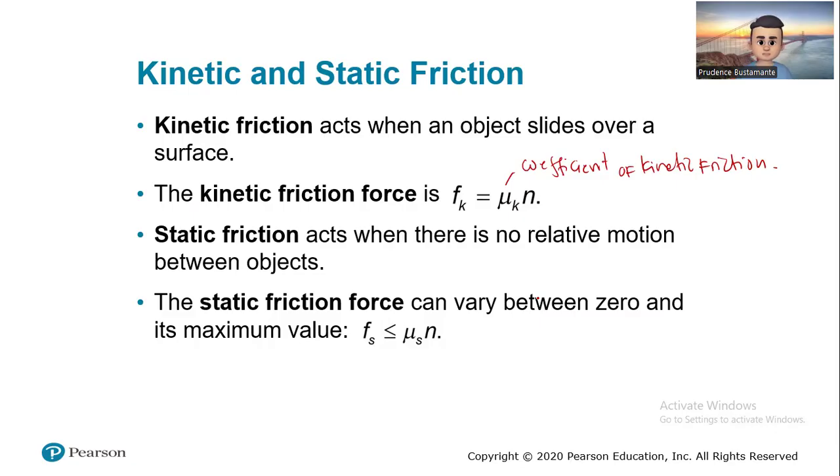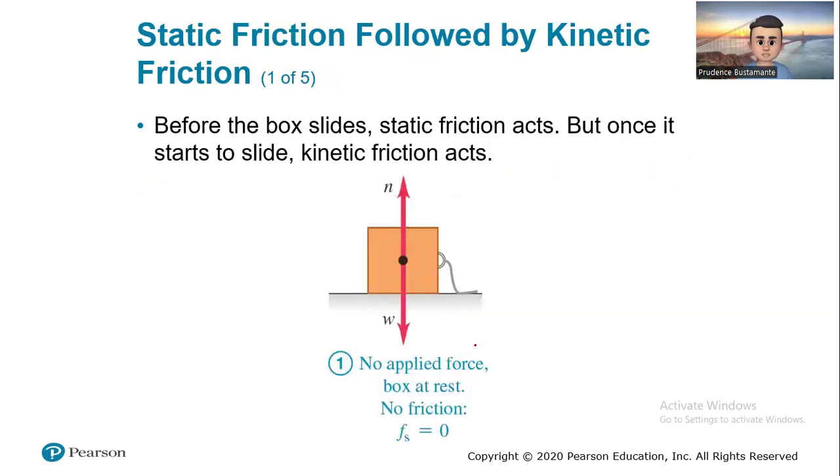This is the friction force that acts when there's no relative motion between the objects. The static friction force can vary between zero and the maximum value. Okay, so you will know this later as we conduct an experiment.